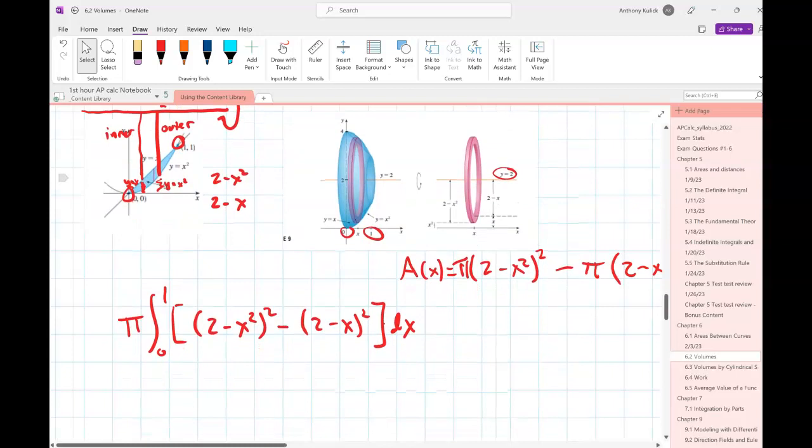All right, how do we want to do this integral? Yeah, absolutely, Blake. Good job. Yep, FOIL this bad boy out. There's no u substitution to get around having to do it. You just got to do it.